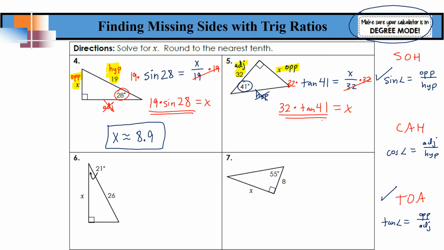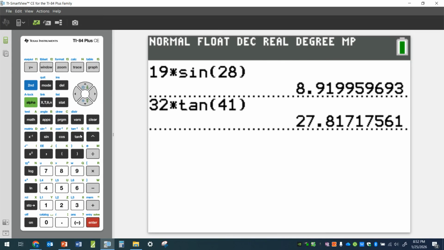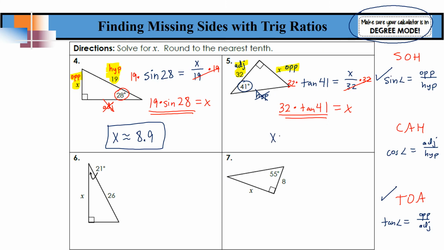And this is what we want to type into our calculator. We type in 32 times tangent of 41, close the parentheses, and we get roughly 27.8 as our answer. So we can write x is approximately equal to 27.8. All right, let's try number 6.